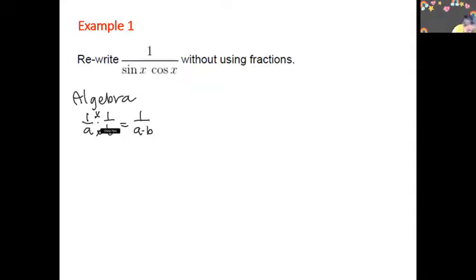So this must be 1 over sine x times 1 over cosine x before, right? Then it could have been 1 times 1 on top and sine x times cosine x on the bottom, right?